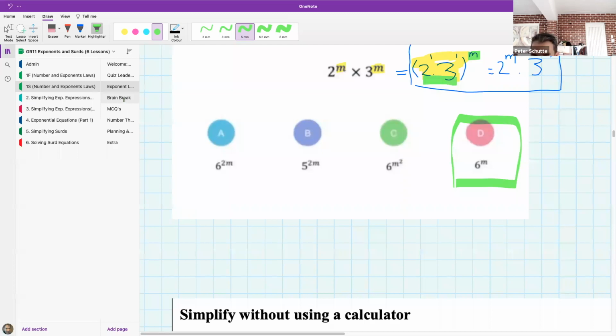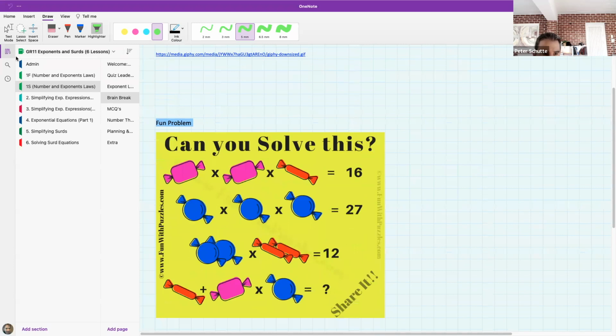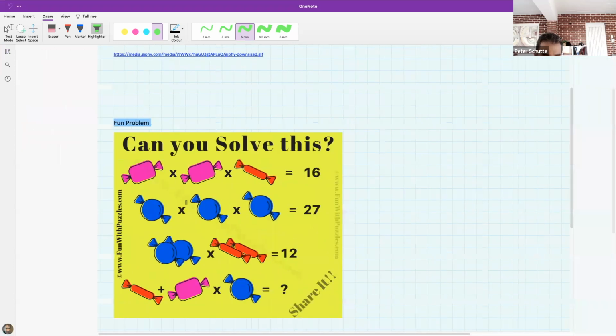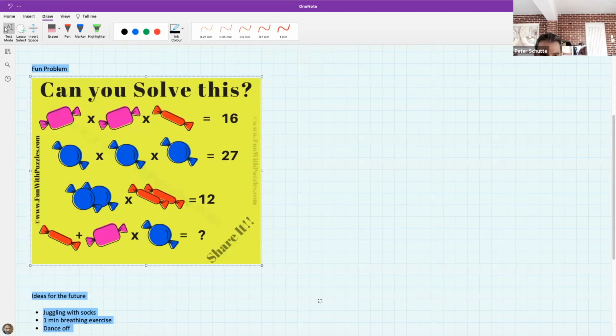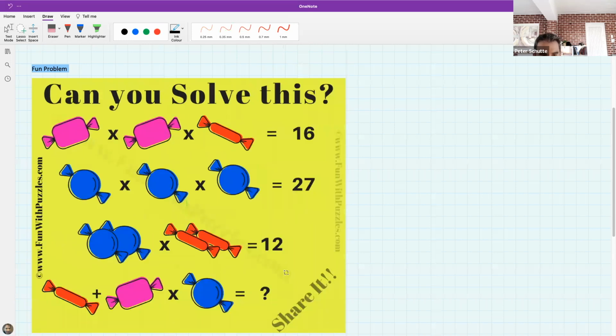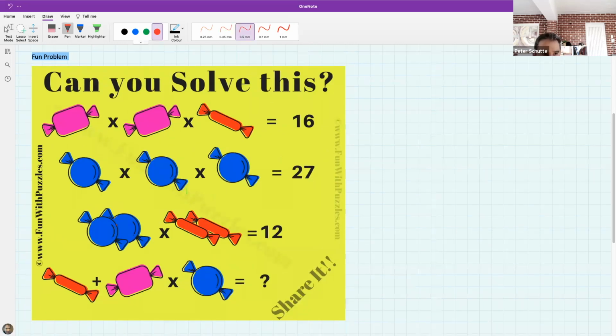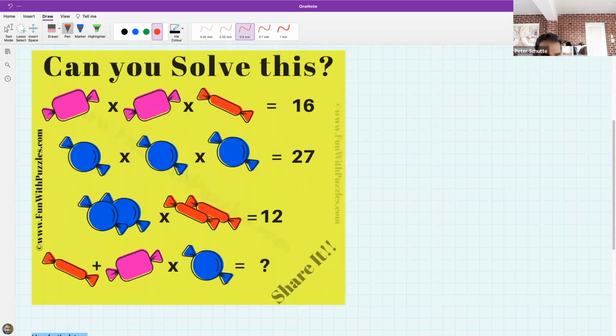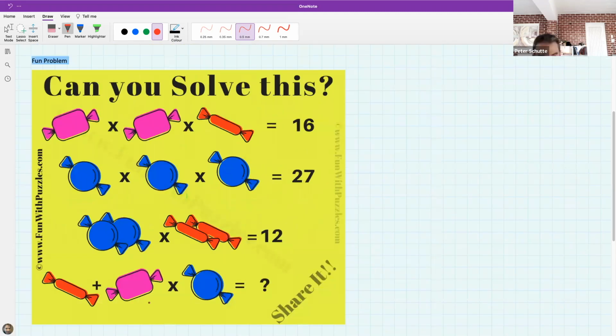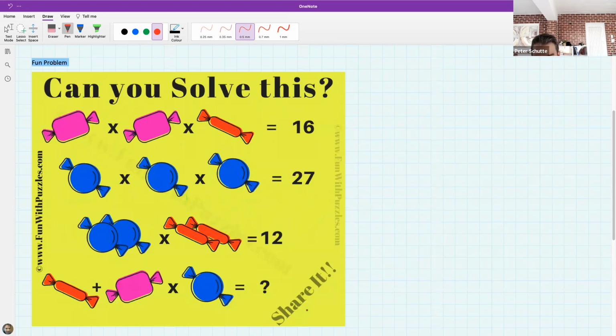So what we're going to do next is a little brain break challenge. I am going to give you this puzzle, and you need to figure out for me, calm down, mouse, what the red sweet plus the purple sweet times the blue sweet is equal to.